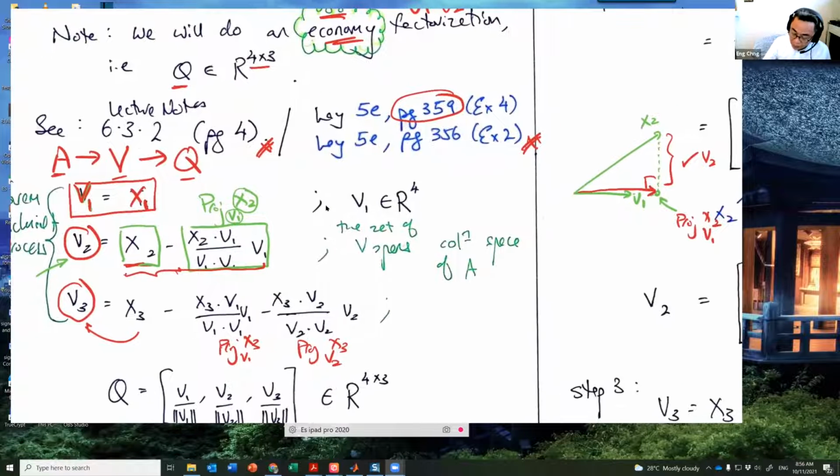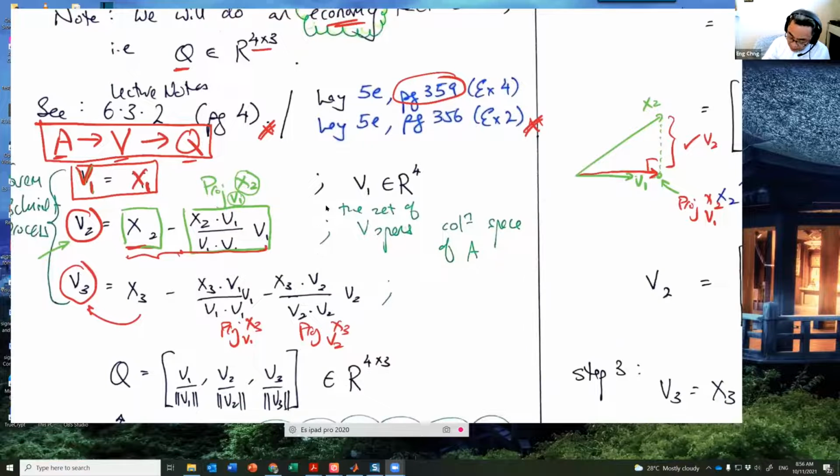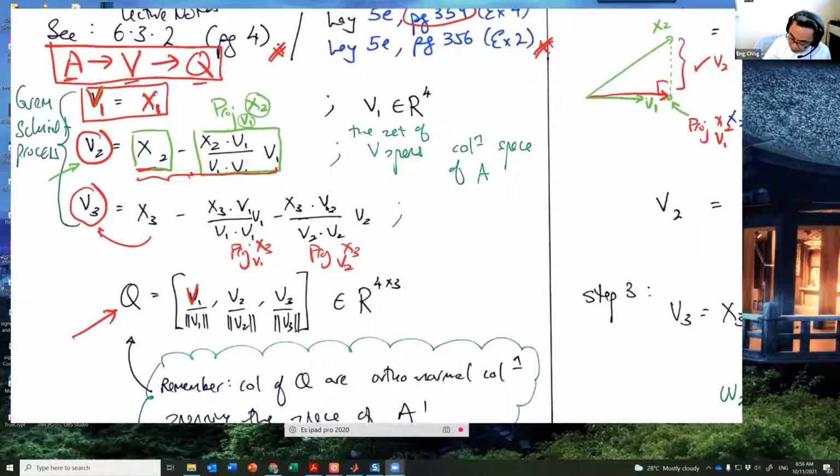All right, so I told you that there are 3 parts to this question. First, I go from A to V, which is an orthogonal set. I need an orthonormal set. So all I do is I get Q, which is nothing but V1 divided by the norm of V1, V2 divided by the norm of V2, V3 divided by the norm of V3.